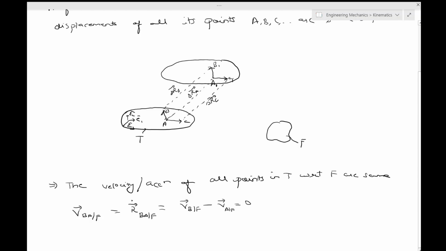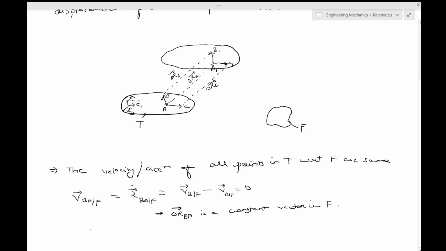Okay, the relative velocity of B with respect to A is 0. This means that delta RBA is a constant vector in F. This is a conclusion based on the fact that delta RB, delta RA and delta RC are all the same.